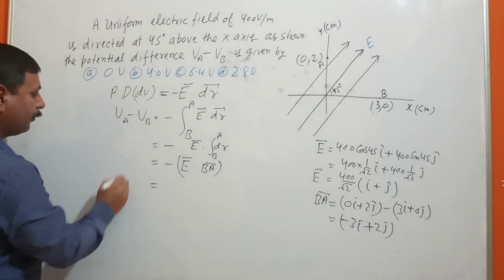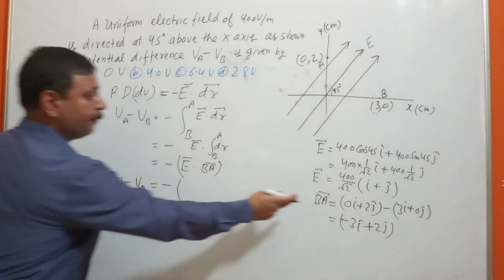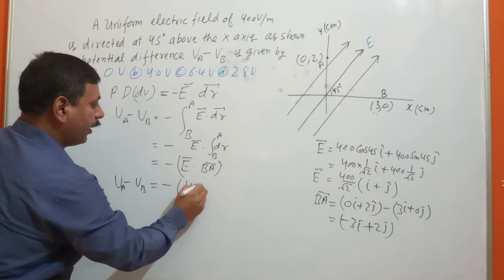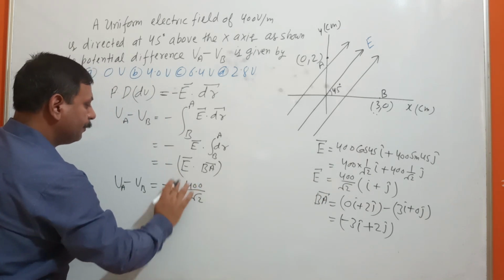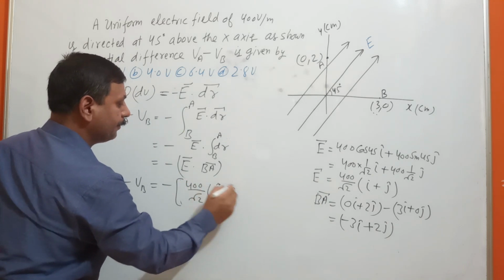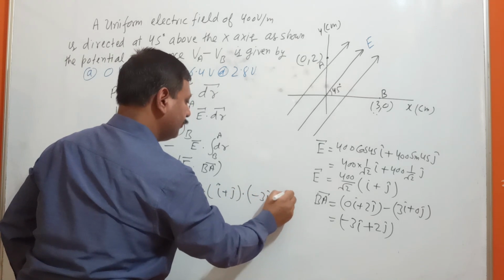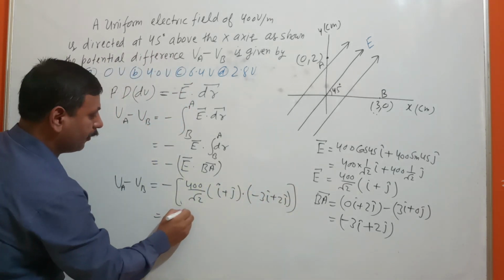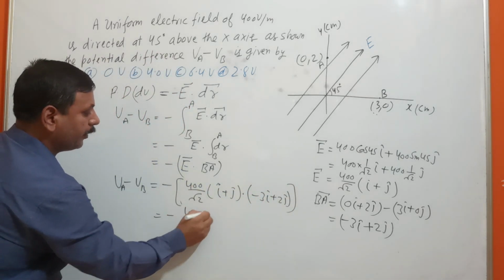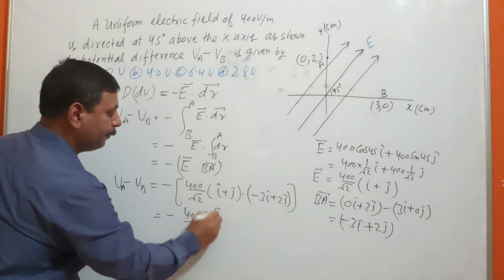Putting this value, VA minus VB is equal to minus 400 upon root 2 (i plus j) dot (minus 3i plus 2j). For solving 400 upon root 2, I have multiplied root 2 both up and down.